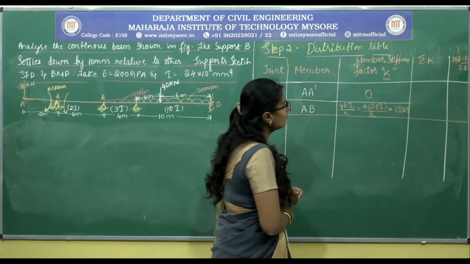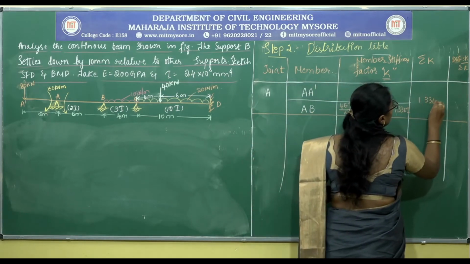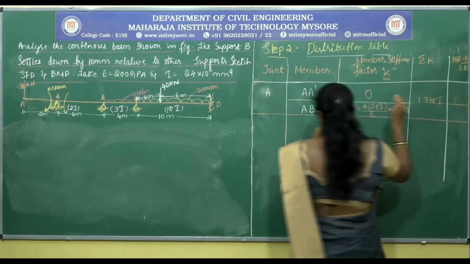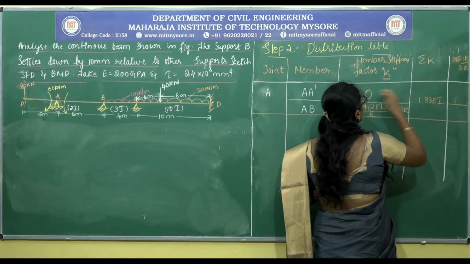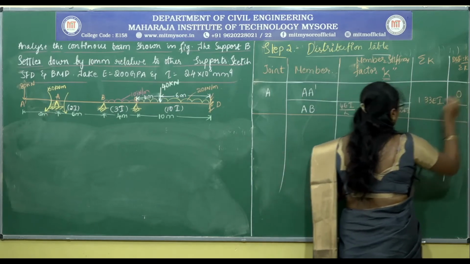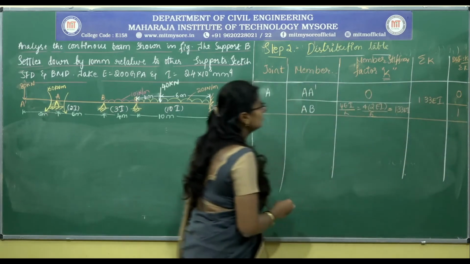Then what is sigma k? 1.33 EI plus 0 will give you 1.33 EI. So at this A dash, the distribution factor is 0 divided by anything is 0. So 1.33 EI divided by 1.33 EI is 1.